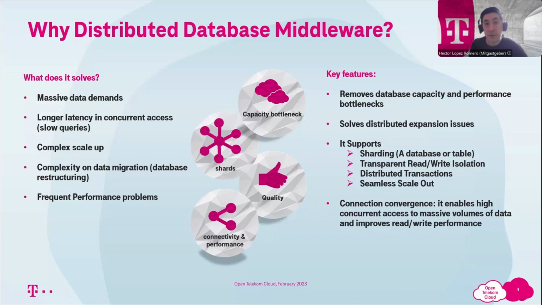At this point, when we look at this database middleware, the core technology, or let's say the most important part that this distributed database middleware service offers you, is that it introduces so-called sharding. Sharding technology is really not new. It has already been used in other clouds.